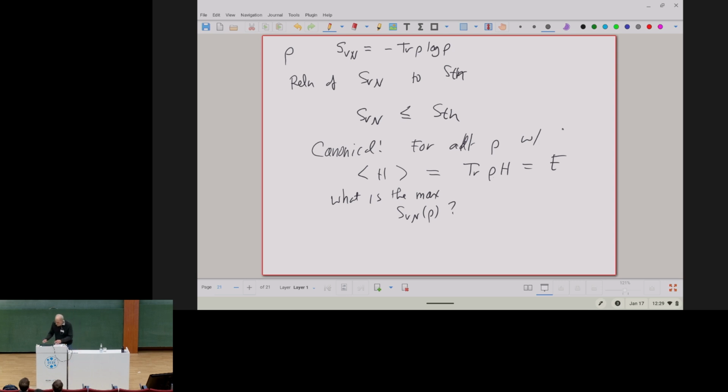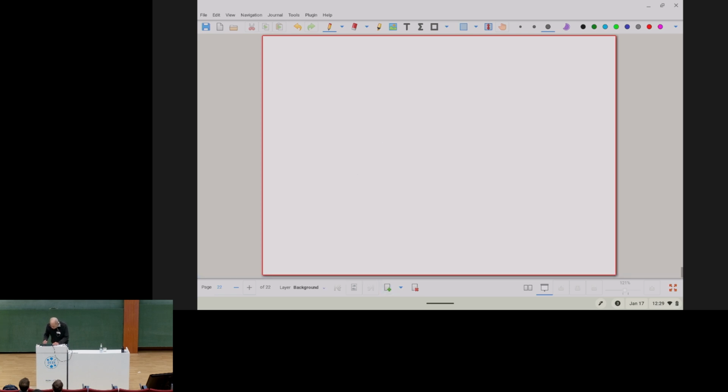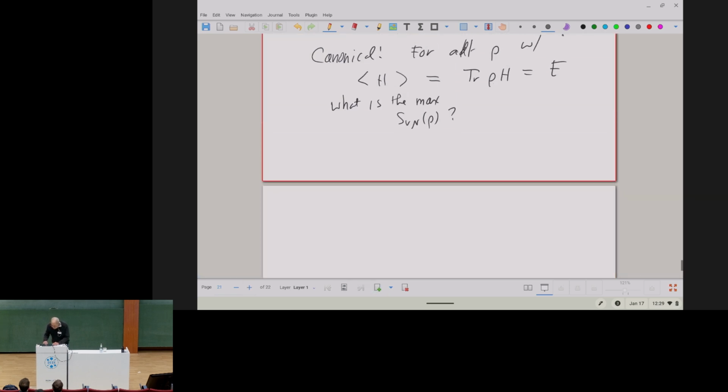Well, this is a simple exercise with Lagrange multipliers. So the function we want to maximize is minus the trace of rho log rho. But we have a constraint that the trace of rho H should be E. And we also must not forget that density matrices are normalized. So we have another constraint that the trace of rho should be 1.